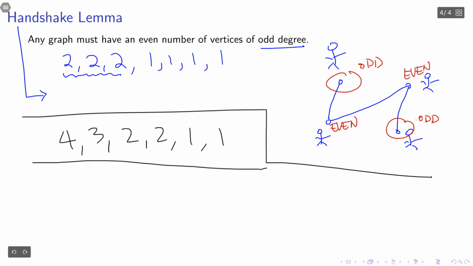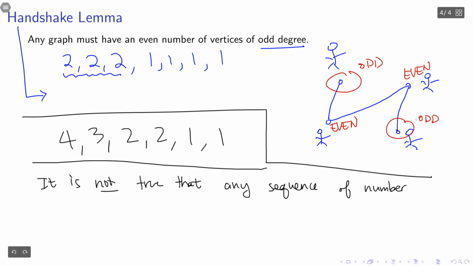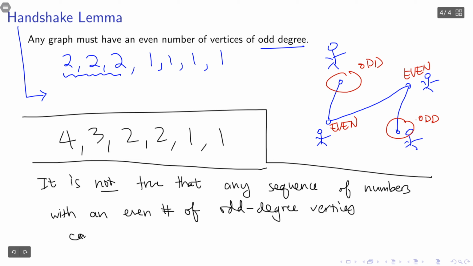Now, I should note, though, that the reverse of the statement is not necessarily true. It's not true that any sequence of numbers with an even number of odd degree vertices can be realized by a graph.